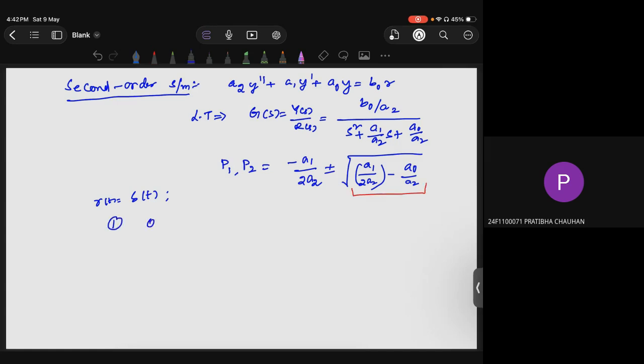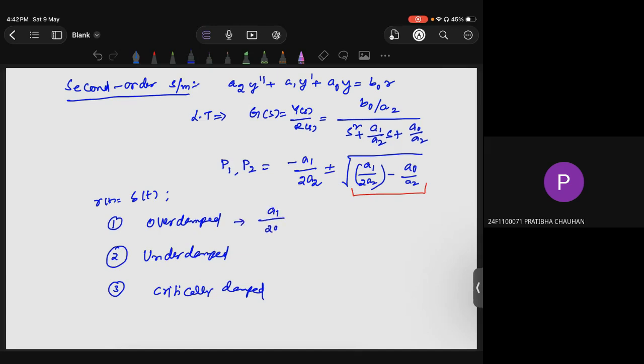First one is overdamped. Second one is underdamped. Third one is critically damped. So what do you mean by overdamped? Whenever this A1 by 2A2 whole squared term is greater than A naught by A2.